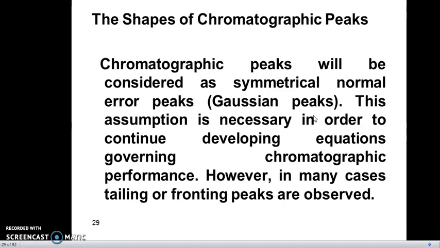All these factors you have to keep in mind and relate to your peak.